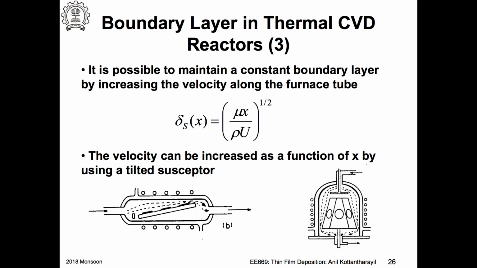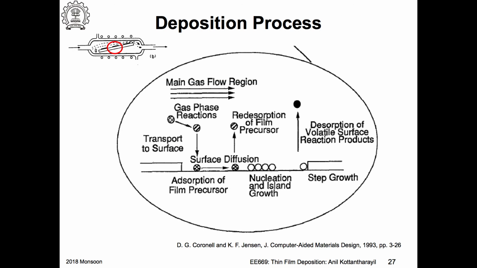So you're trying to maintain a constant boundary layer thickness by these designs. Okay, so very nice thing. You have an equation that describes what is going on in a fluid flowing through a pipe, and then we apply that to modify the design of a CVD chamber.